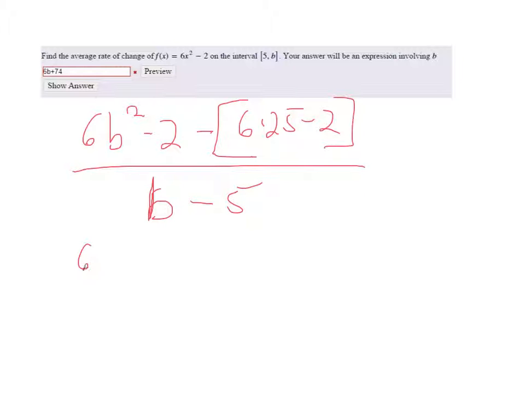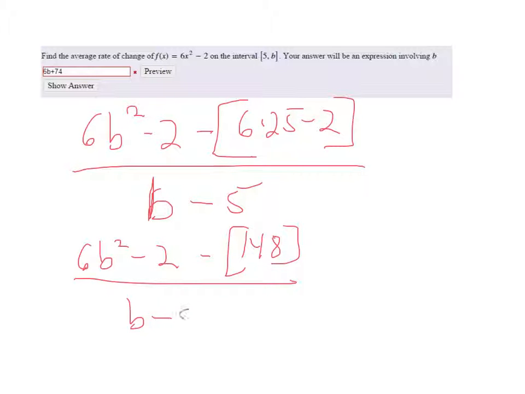So I'm going to get 6b squared minus 2 minus, well, 6 times 25 is 150, and 150 minus 2 is 148. And that's all over b minus 5.